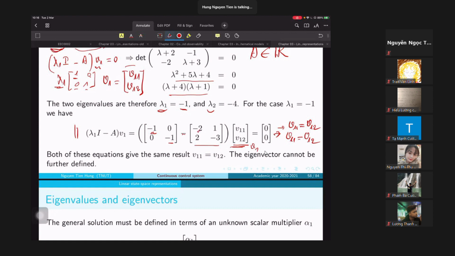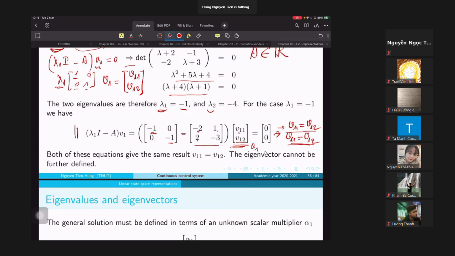So 1 times V11, and here we have minus 1 plus minus V12 equals 0. So we got V11 equals V12. And the second one, we have minus 2, 3, so we got V11 equals V12. Same.